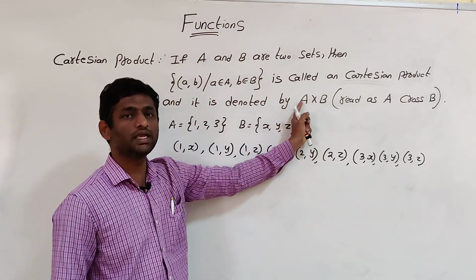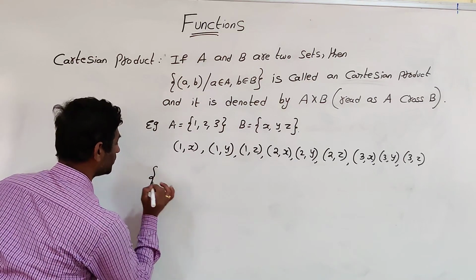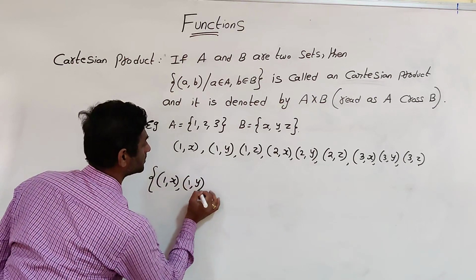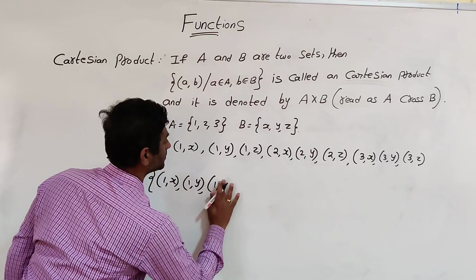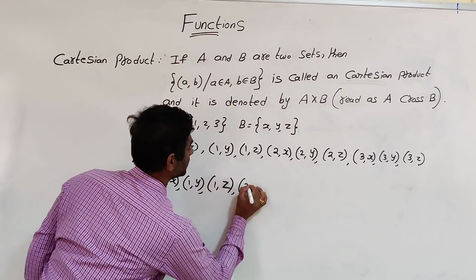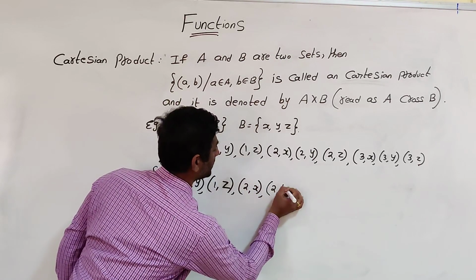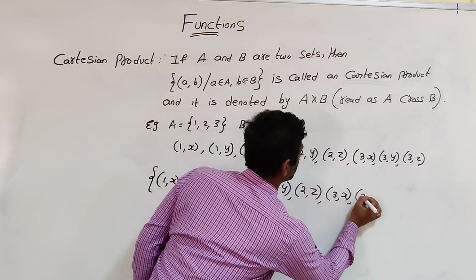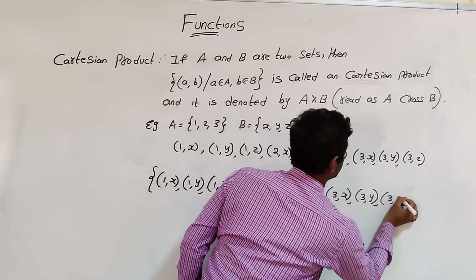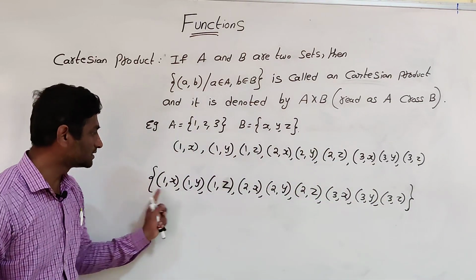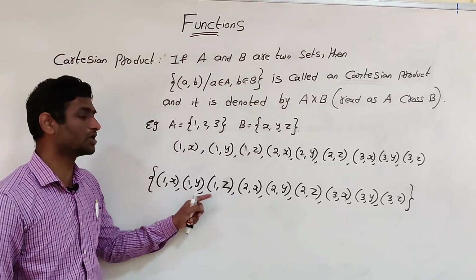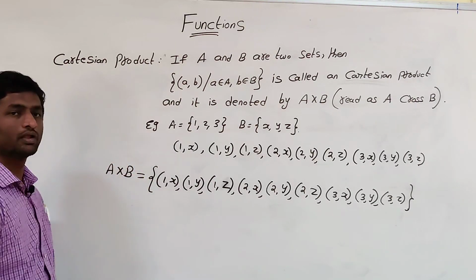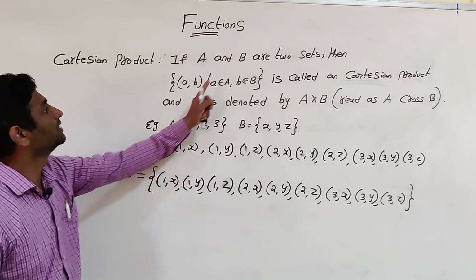From A to B, that is A cross B. So if I put them in a set: {(1, x), (1, y), (1, z), (2, x), (2, y), (2, z), (3, x), (3, y), (3, z)}. This is a set whose elements are ordered pairs, and it is denoted by A cross B, where A is the first set and B is the second set.